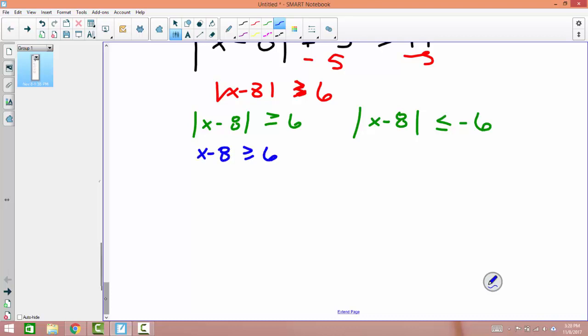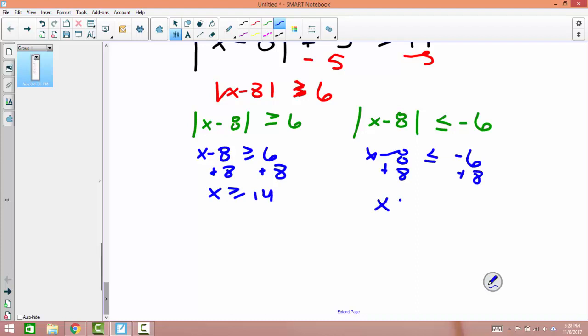Because it's isolated, there's nothing else that can be taken away, so the absolute's alone. And then you're going to get the letter alone, so you're going to add 8. So x is greater than or equal to 14. And when you add 8 here, you get x is less than or equal to 2. And then you graph.